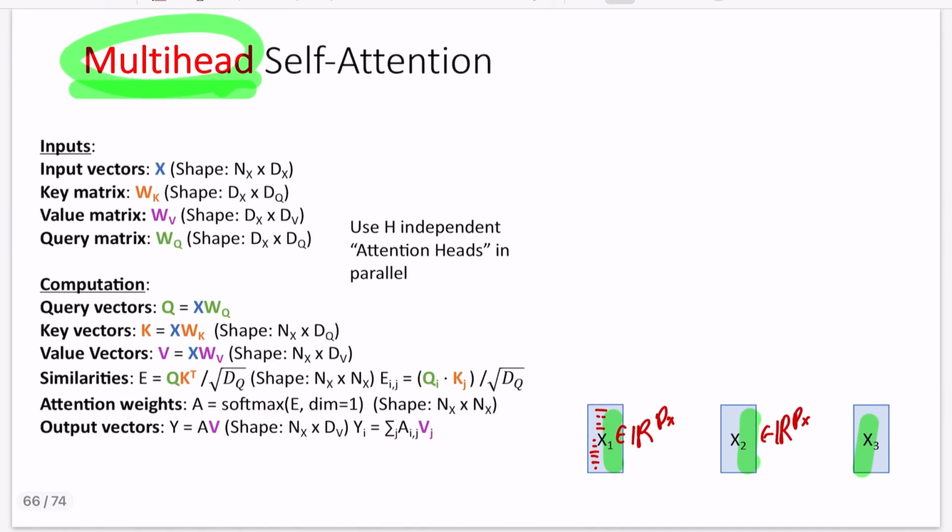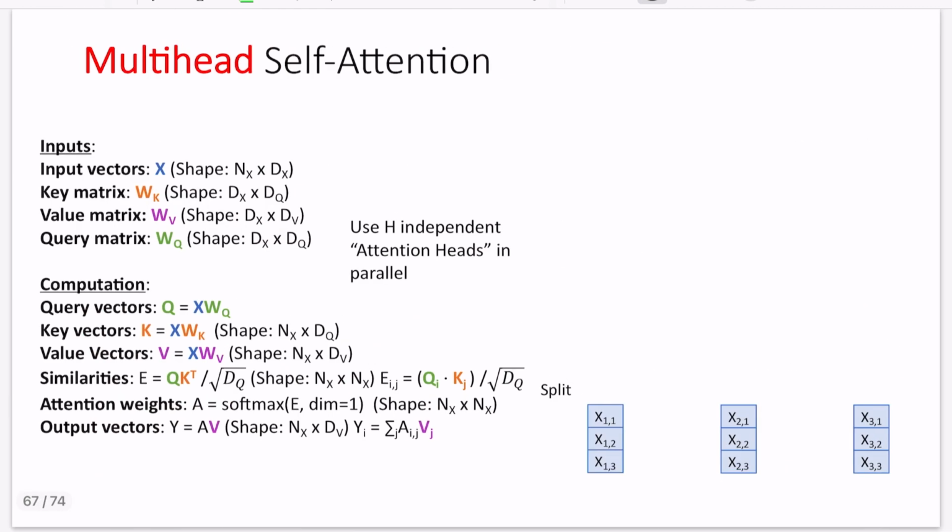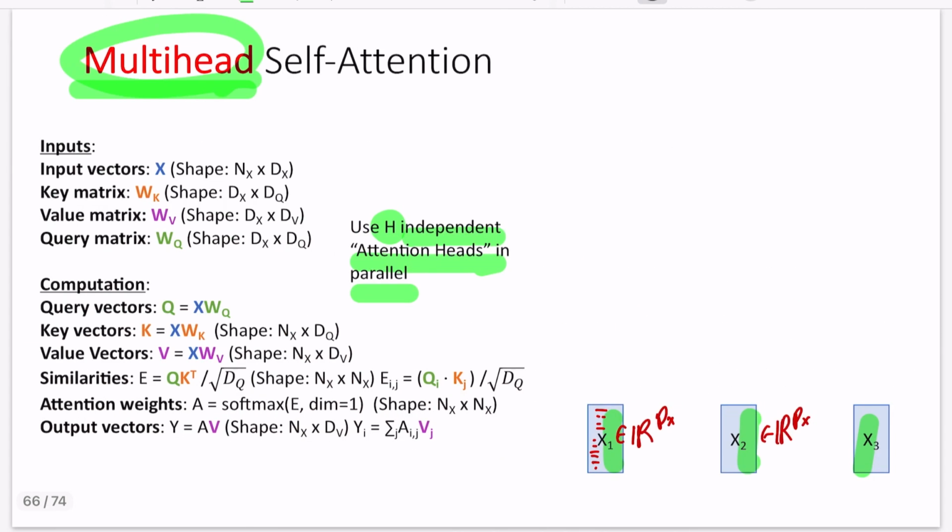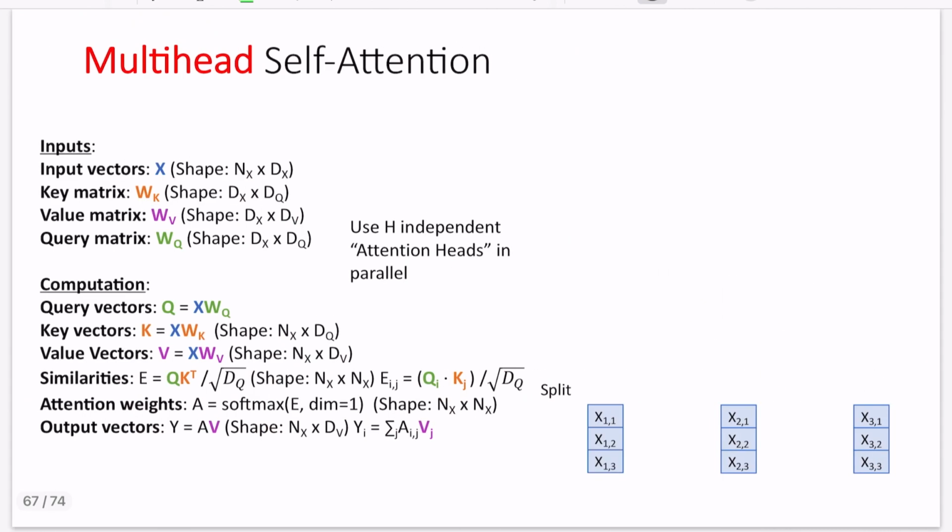Then, in multi-head self-attention layers, we use H independent attention heads in parallel, like this. First of all, just split the channel of the input vector x into H independent parts. In this case, H equals 3.